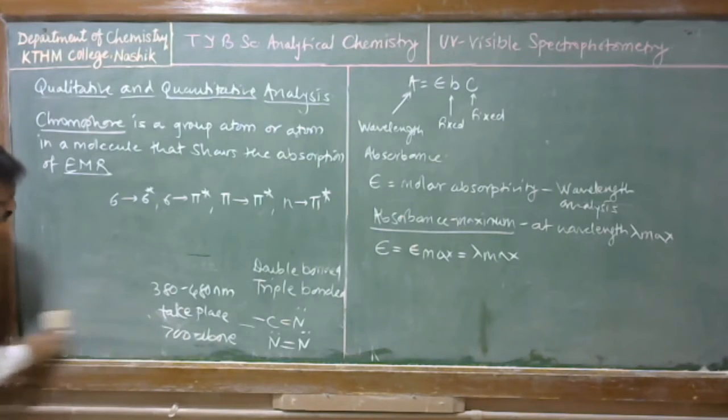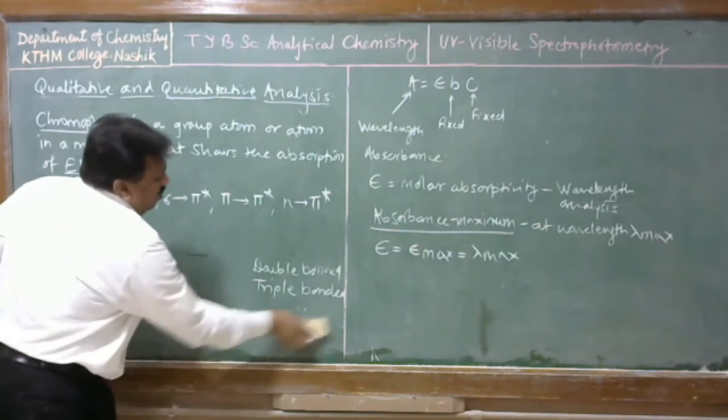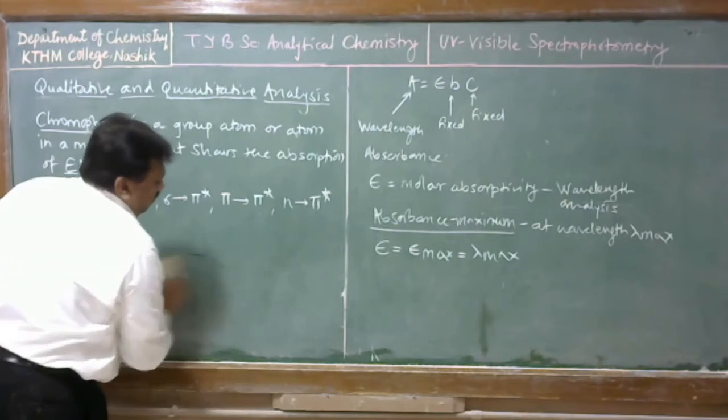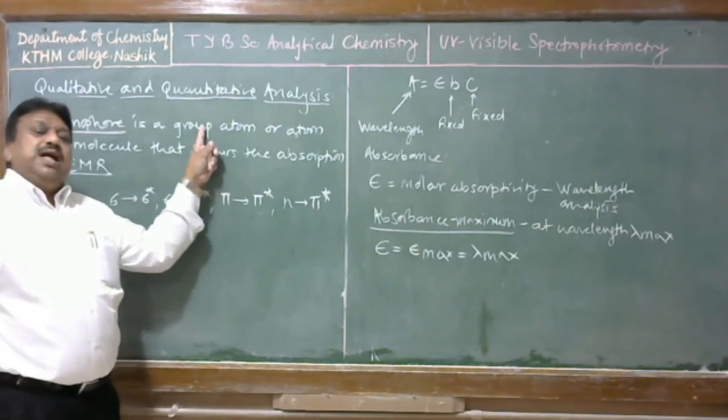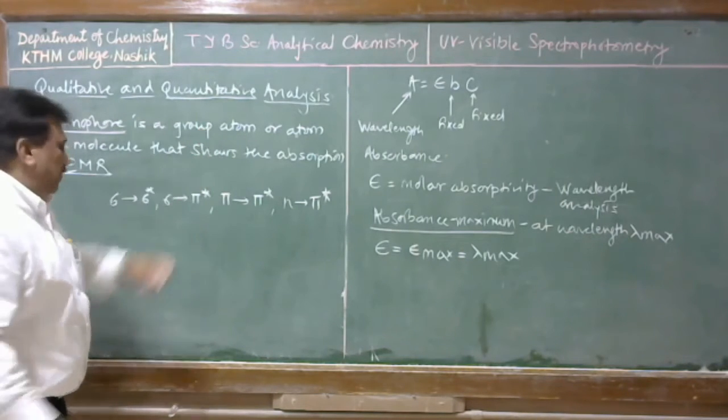When this chromophore is present in contact with different types of groups, that also affects the absorption maximum of the compound, and that group is called an oxochrome.